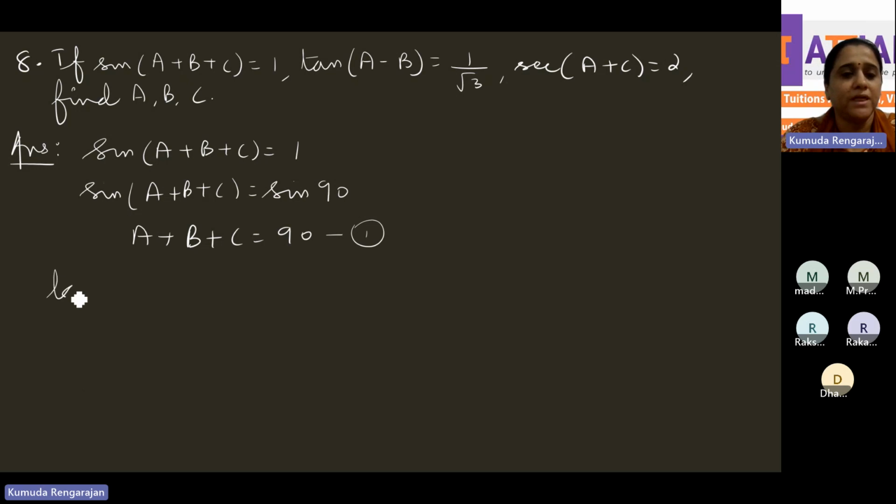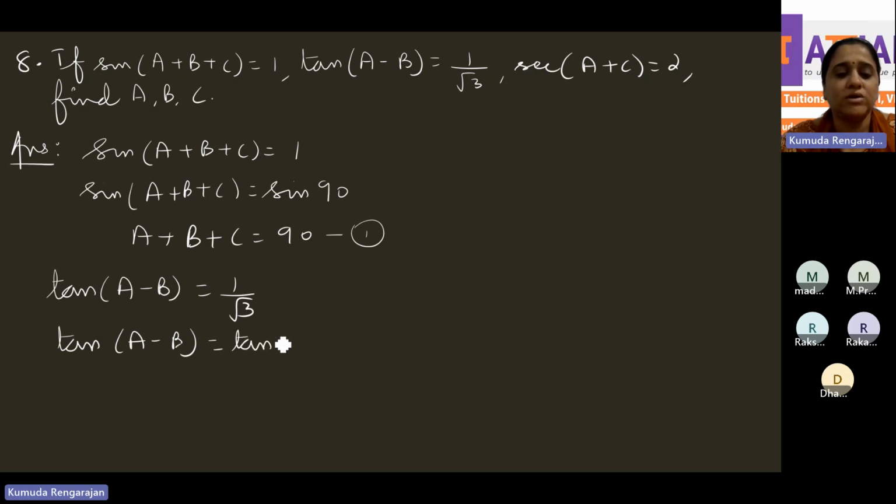Now take the next one. Tan of A minus B is equal to 1 by root 3. So tan of A minus B is equal to tan 30 degrees. Now on comparing both the sides, A minus B is equal to 30 degrees.